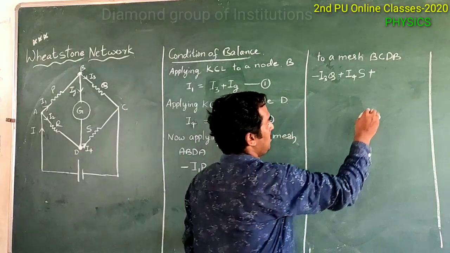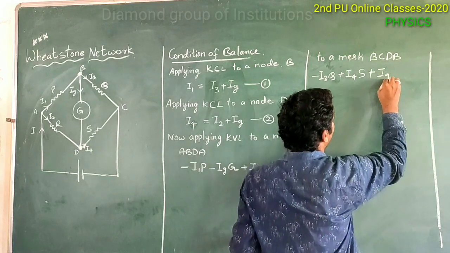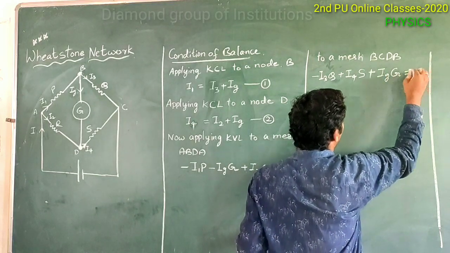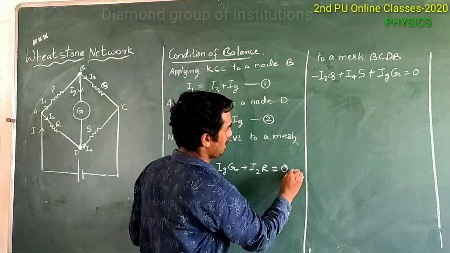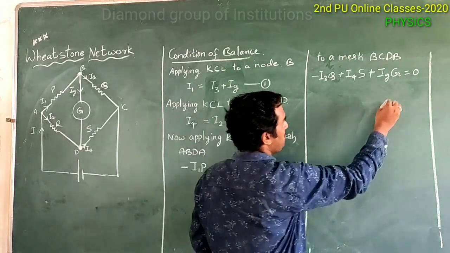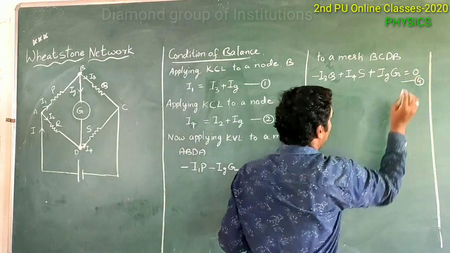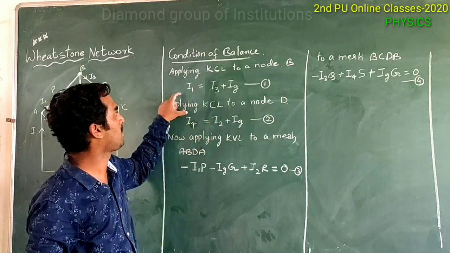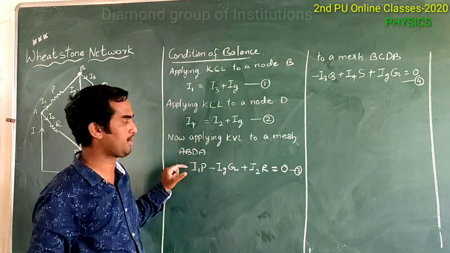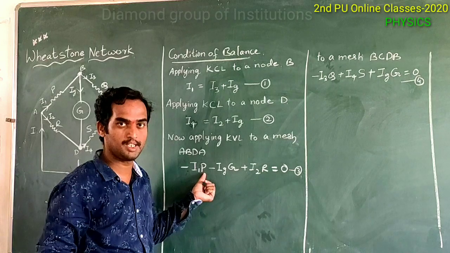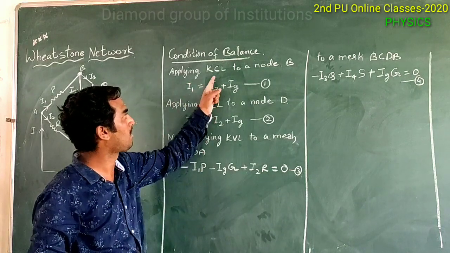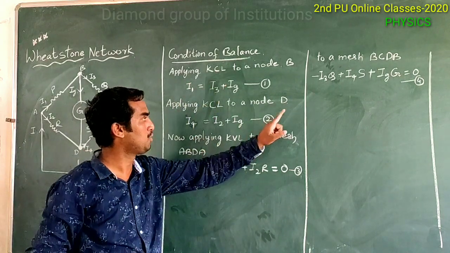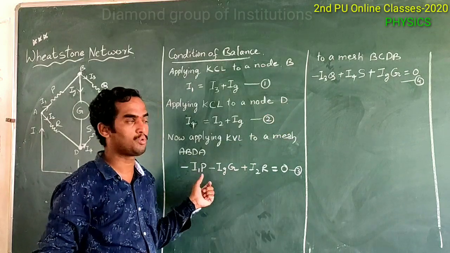Ig, and Ig into G. So this is equation number 3 and this is equation number 4. So the first two equations are regarding the current, and the second two equations are regarding the current as well as the resistance. That means these two are regarding the first law, and for these two meshes we applied Kirchhoff's voltage law.